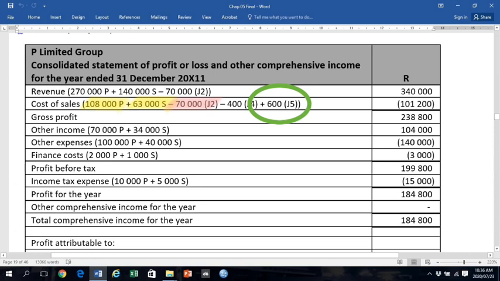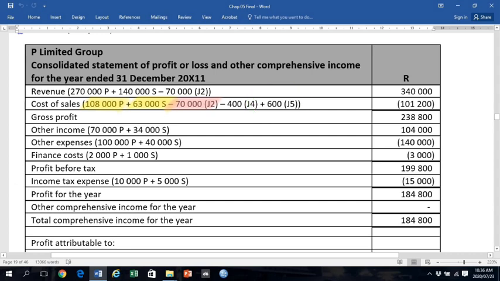We wrote Journal 5, where we said debit cost of sales of P. This is now the effect of that debit to cost of sales. We are adding that 600 to the cost of sales line item. The effect of adding to cost of sales is a reduction in the gross profit of the group.